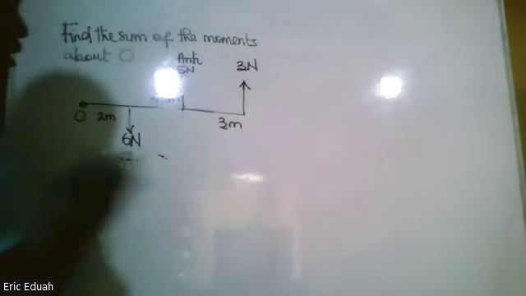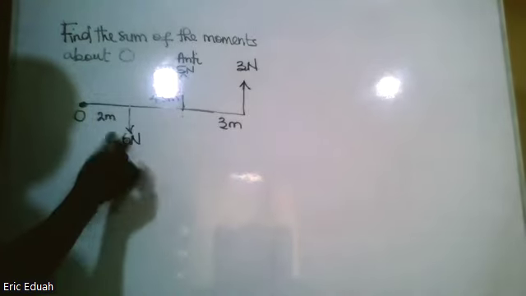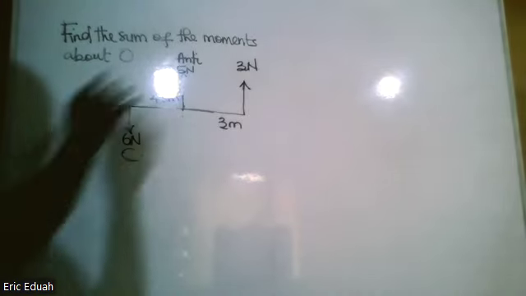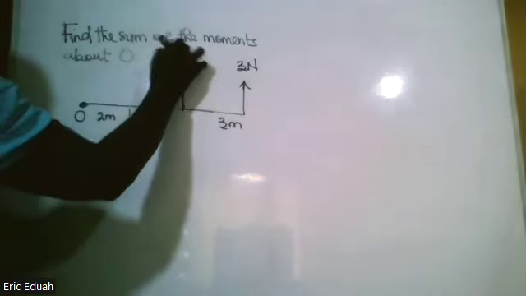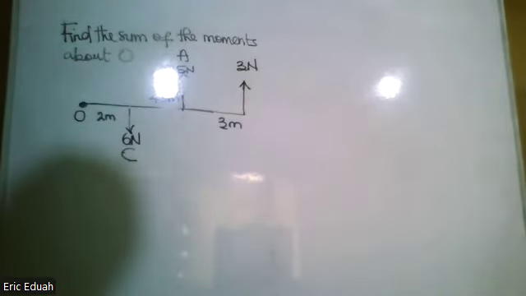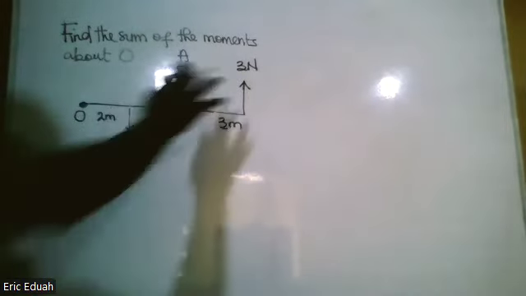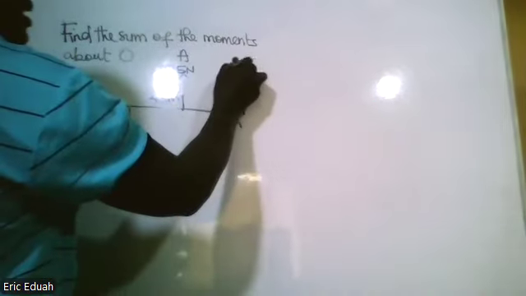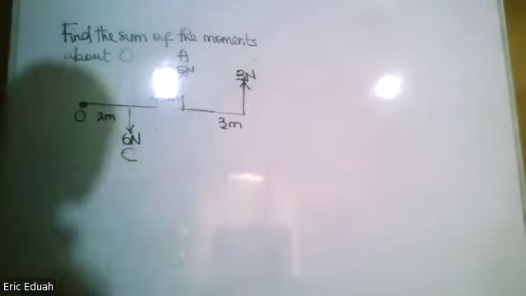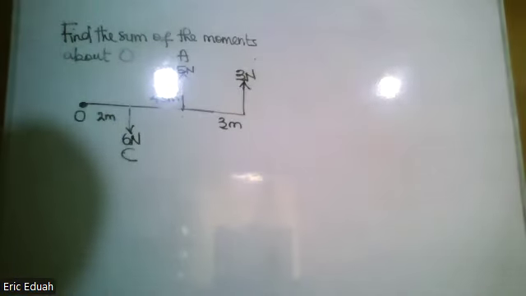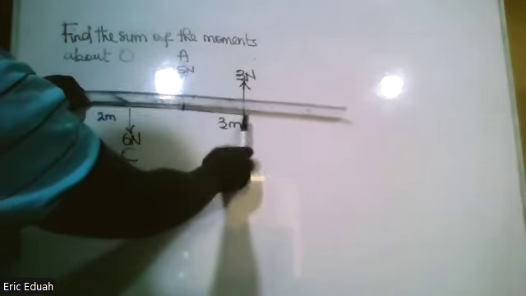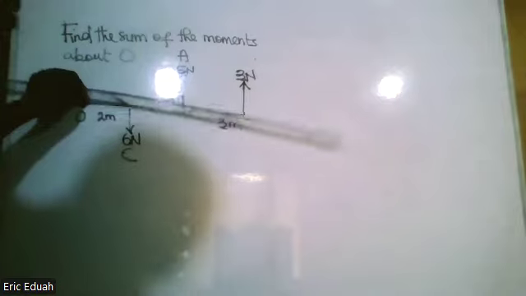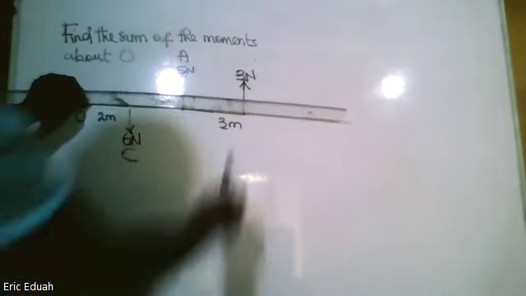Instead of writing the whole word, let me use C for clockwise and A for anti-clockwise. What about the direction of the 3 Newton force, without illustrating? Anti-clockwise. It will go up.